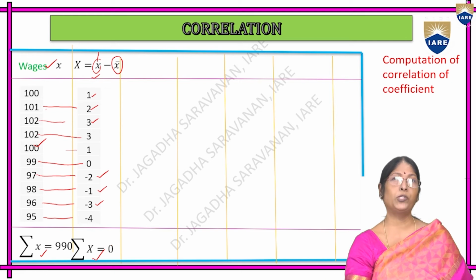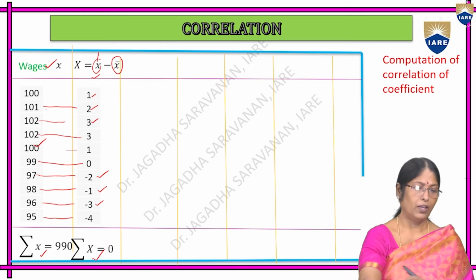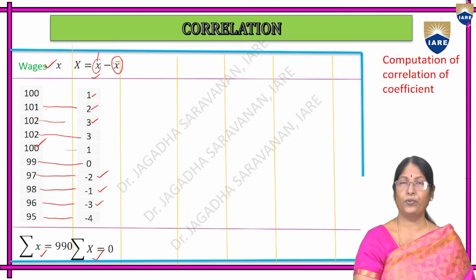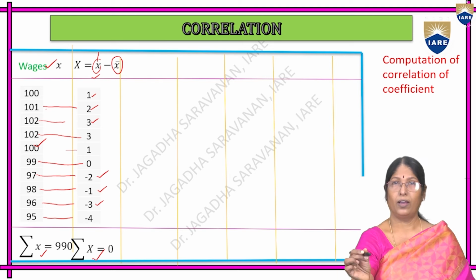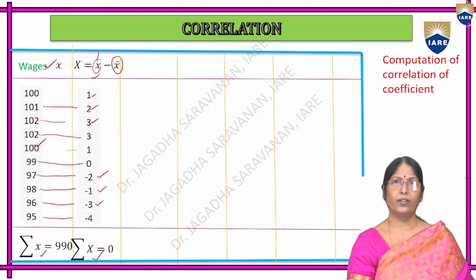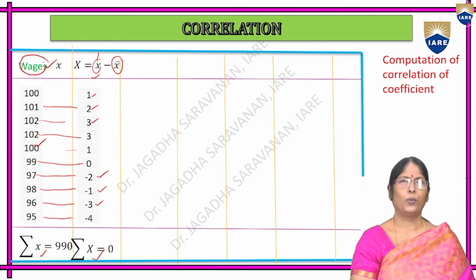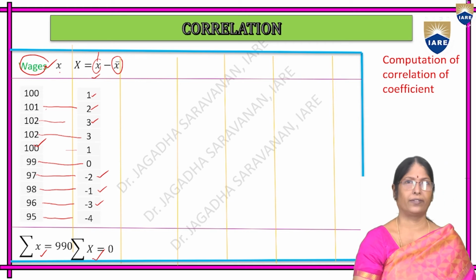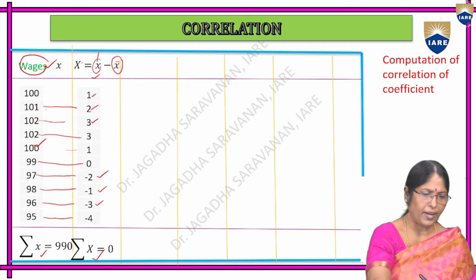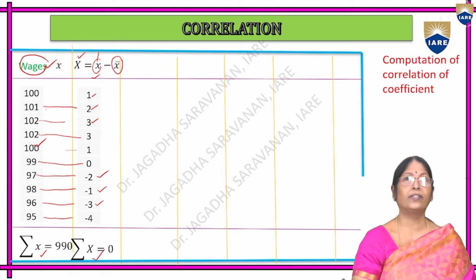To make the difference between the variables, there may be confusion. A very easy way if you are adopting the mean: whatever is given in the question, wages or the teacher or anything, we will take small x. Capital X is defined as x minus x bar.